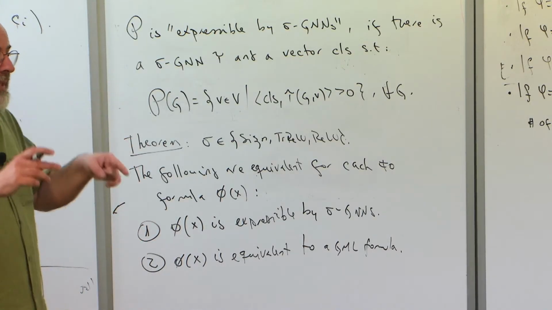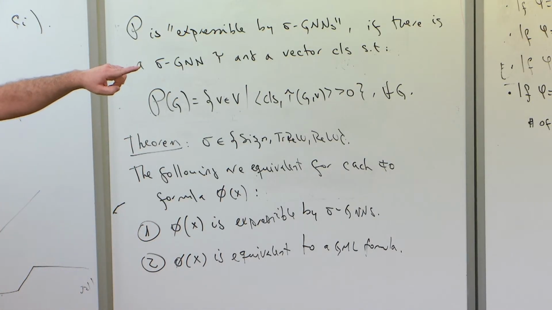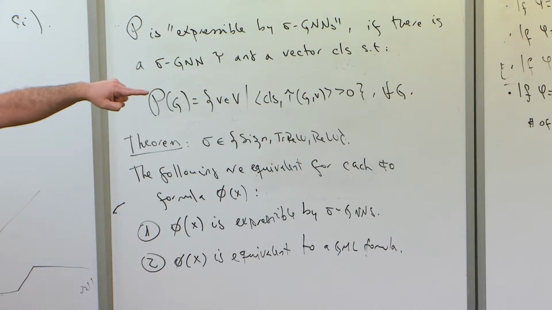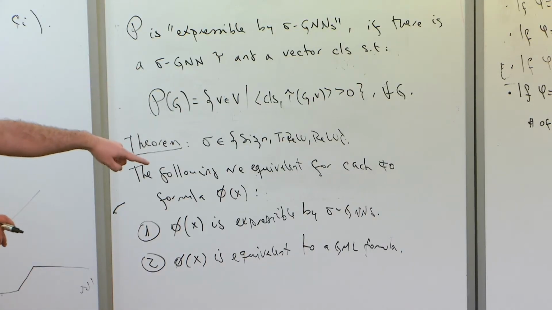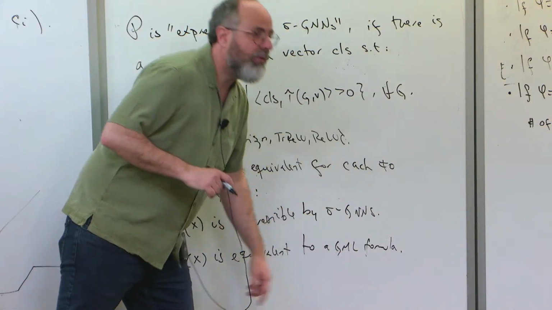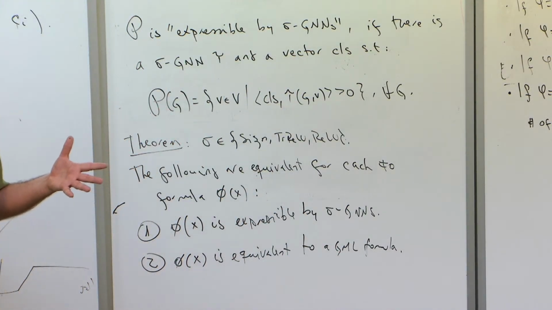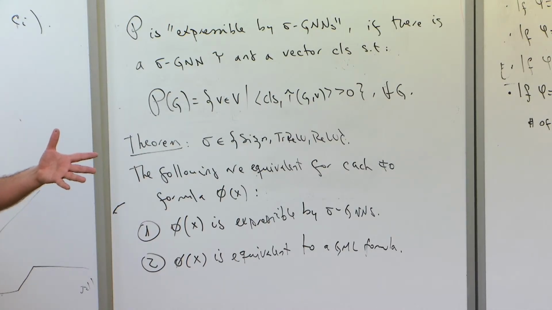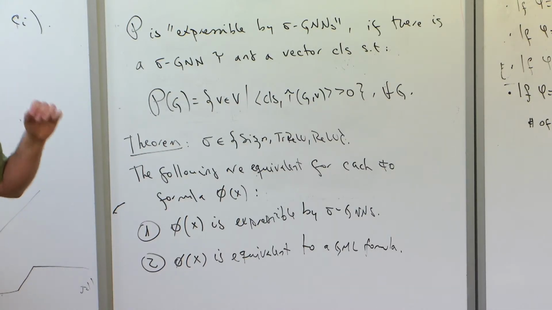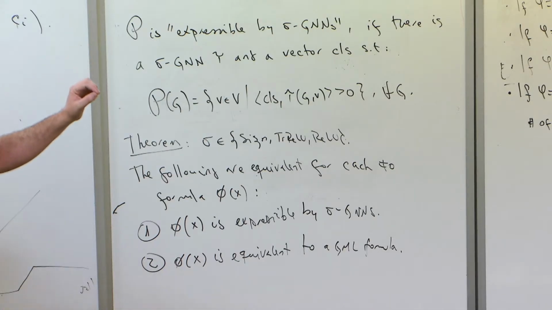If I have a property that is expressible by first order formulas, and at the same time is expressible by a sigma GNN, then this property is equivalent to a GML formula. So it's a very tame formula somehow. So this characterization holds exactly for properties that are expressible by first order formulas.